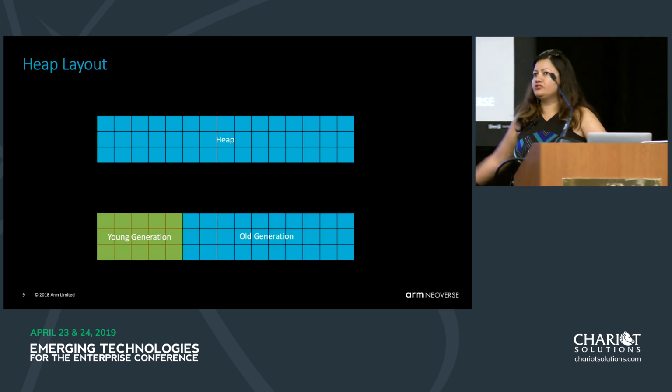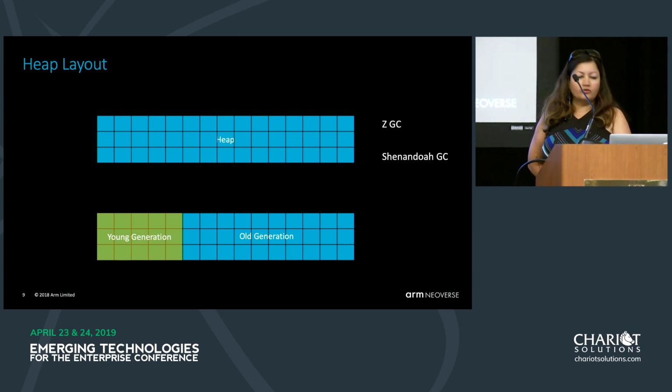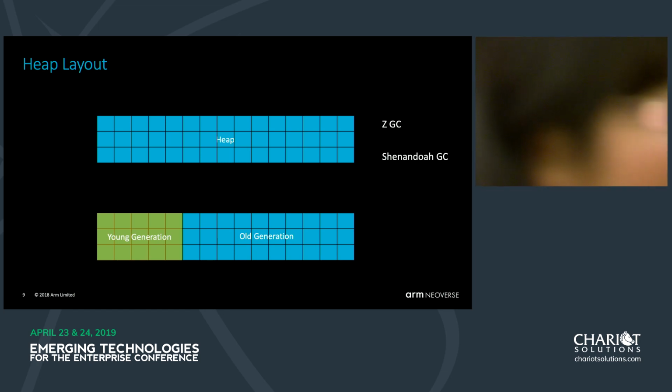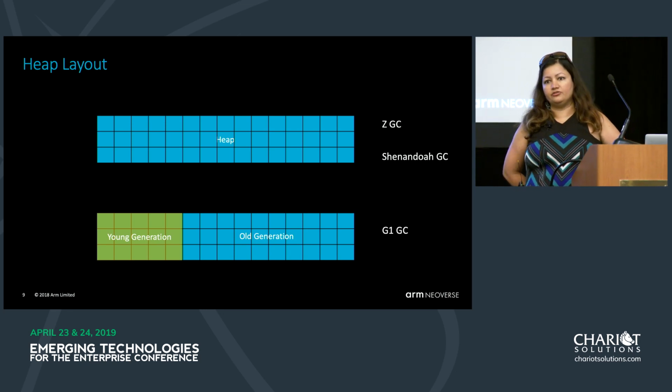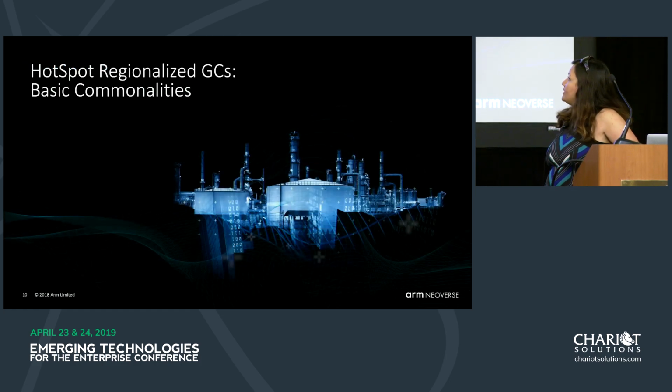Of course, the generational heap with G1 GC is regionalized as well. So the current state is that ZGC and Shenandoah are single generation, and G1 GC is young and old generation, so 2 generations in G1.